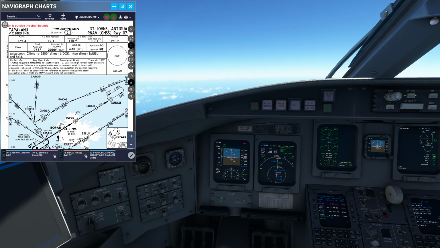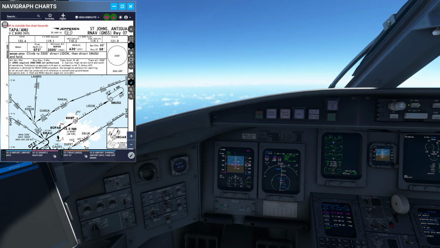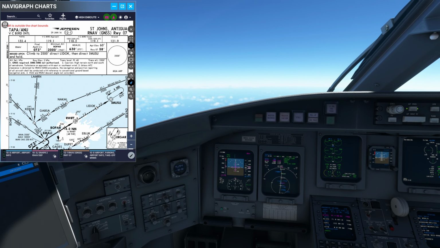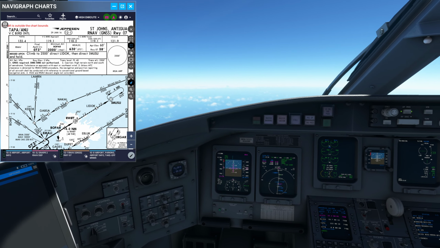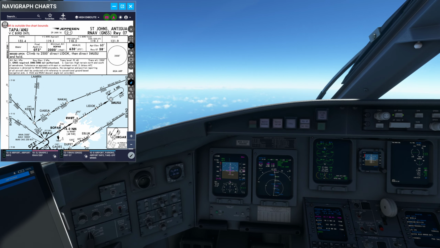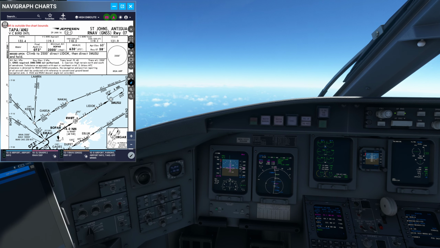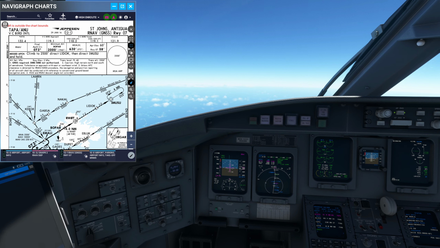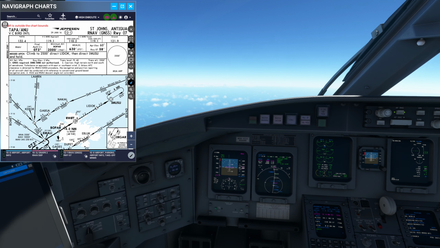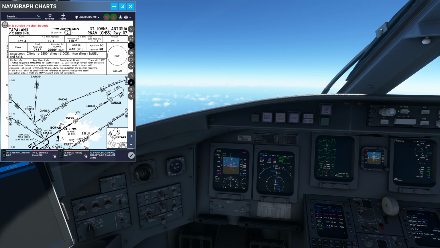But we'll go with it. Winds 090 at 13, gusting 24, so it could be a bit of an adventurous approach today. Try and back those throttles down just a little bit. Remember, in the CRJ, you are in control of the speed with your throttles.